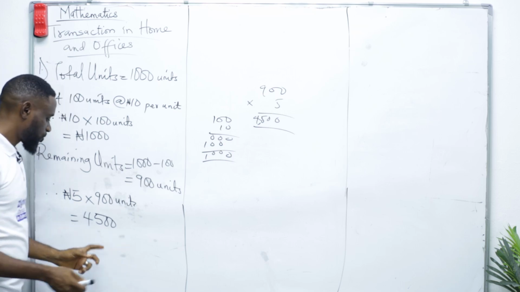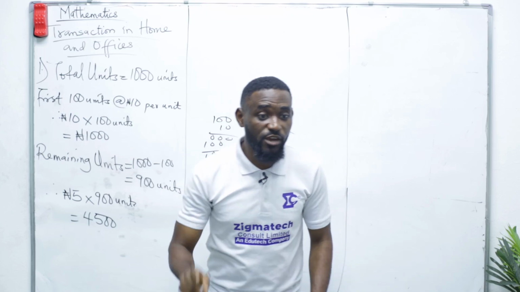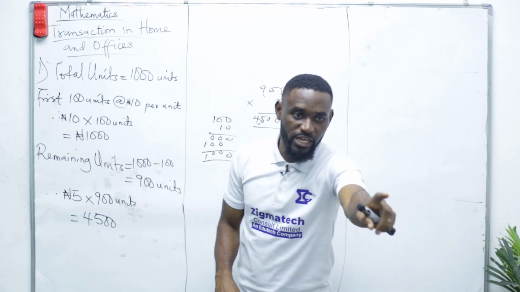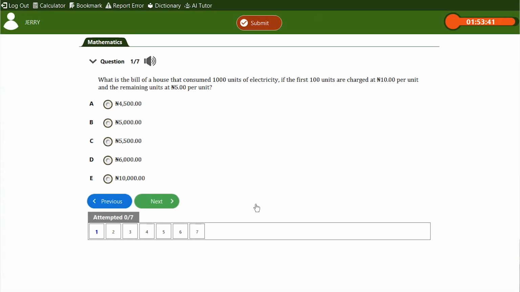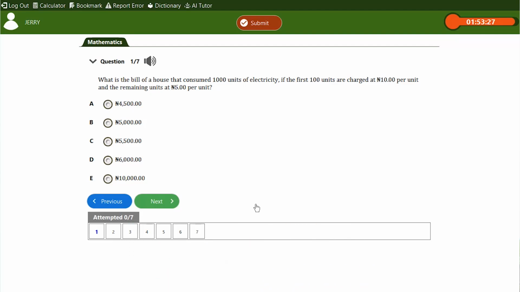Okay, so in your question, I know that they will give you something like that. Is there an option A as 45? Because some of you are too quick to assume that you have gotten your answer, but you must understand your question very well. They are asking you what is the bill of the house that consumed 1,000 units, not the house that consumed 900 units, 1,000 units.